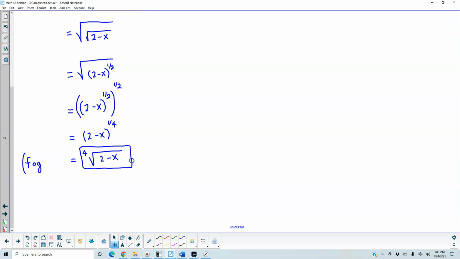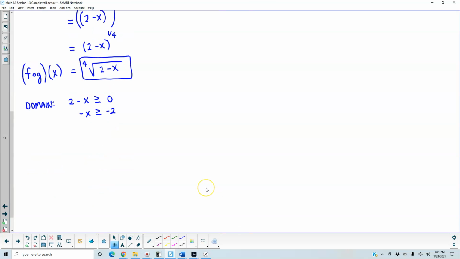f composite g of x. Now we need to find the domain of this function. We have an even index, so that means 2 minus x has to be greater than or equal to 0. If we subtract 2 from both sides, we get negative x is greater than or equal to negative 2.